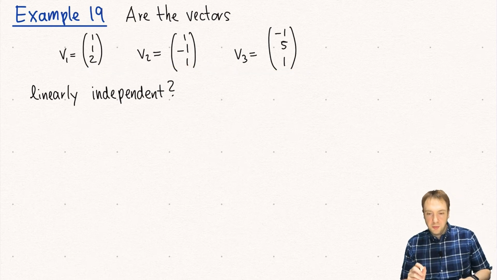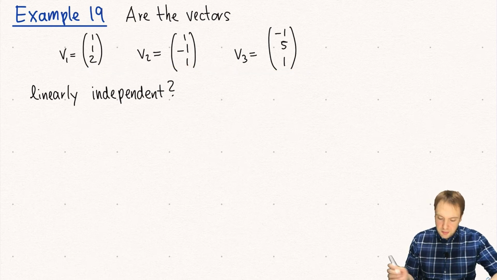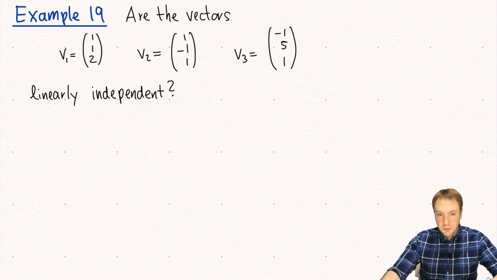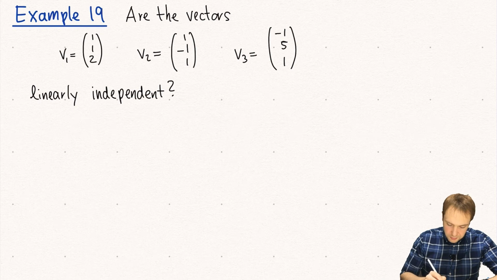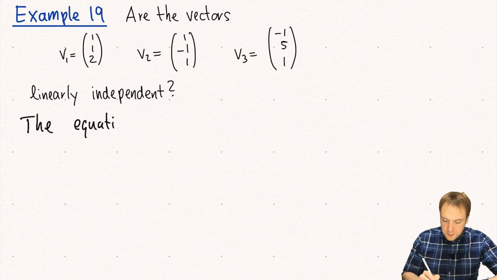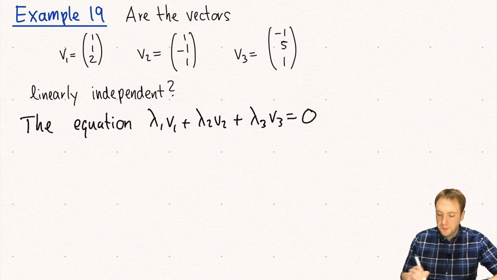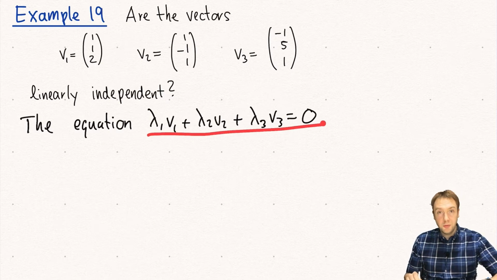So what we need to consider is this equation in the definition. We consider the equation lambda 1 times v1 plus lambda 2 times v2 plus lambda 3 times v3 equals 0, and we want to find the solutions of this.